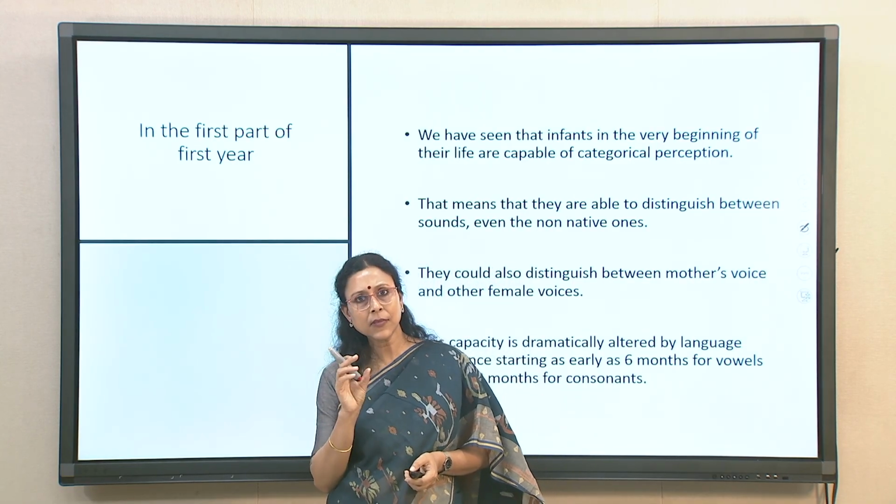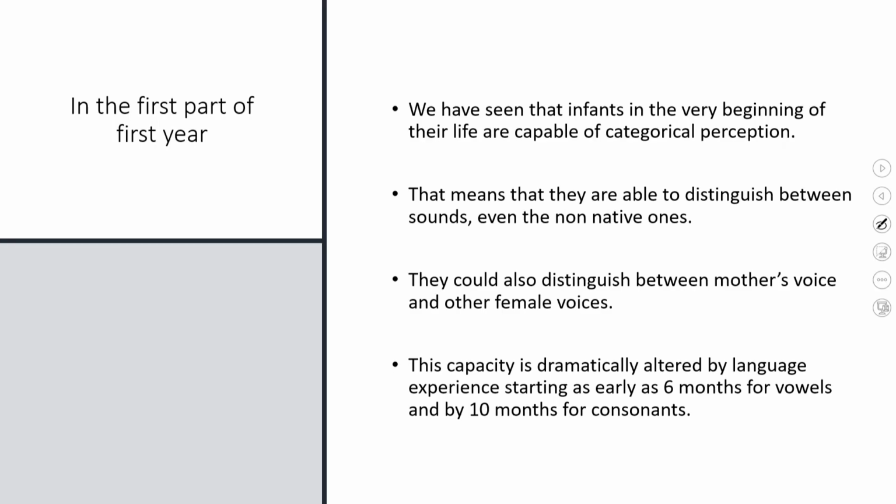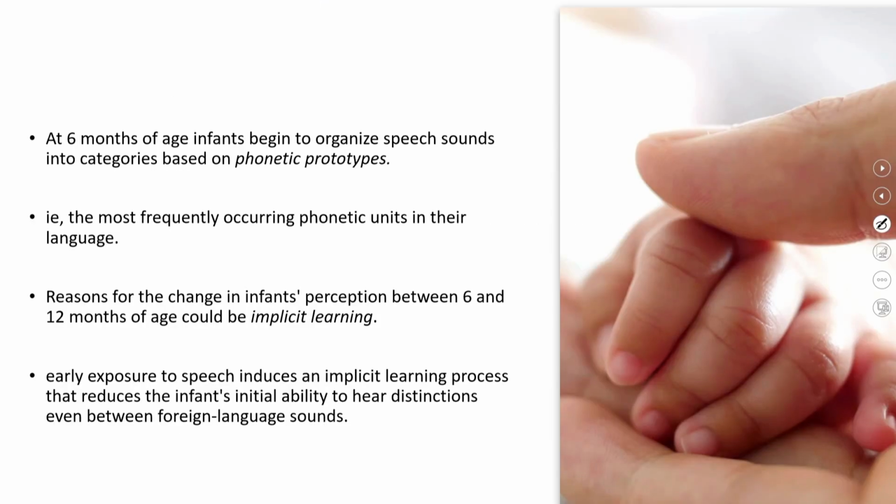However, this capacity is dramatically altered by language experiences starting as early as 6 months for vowels and 10 months for consonants. At 6 months, infants begin to organize speech sounds into categories based on phonetic prototypes.